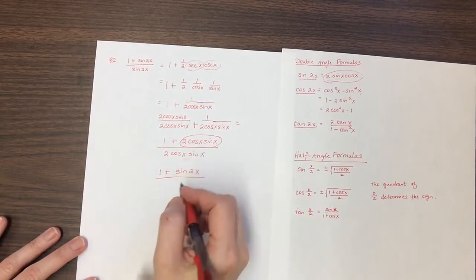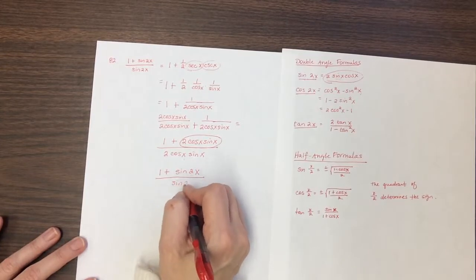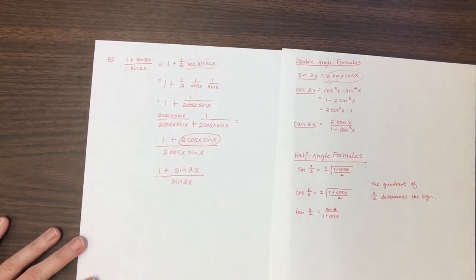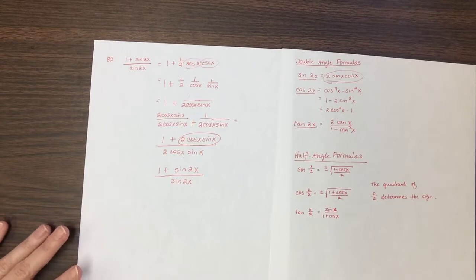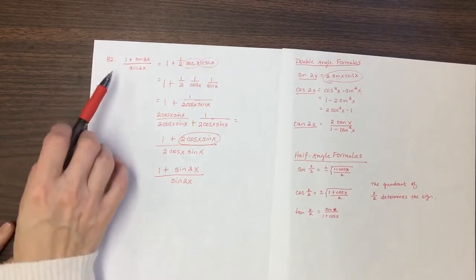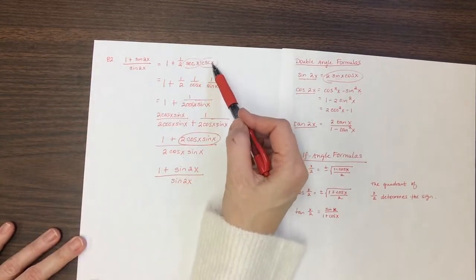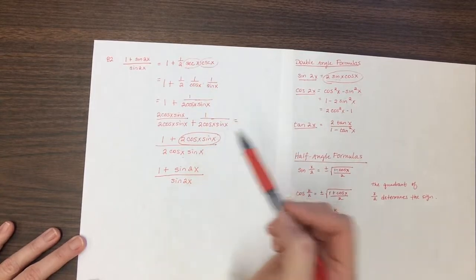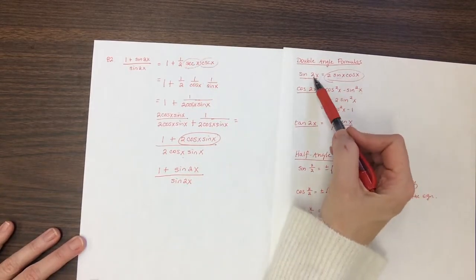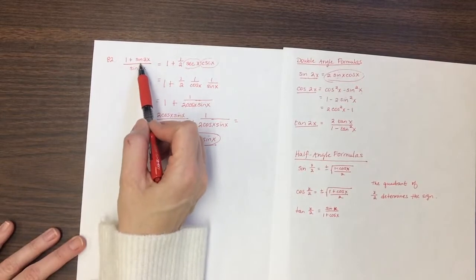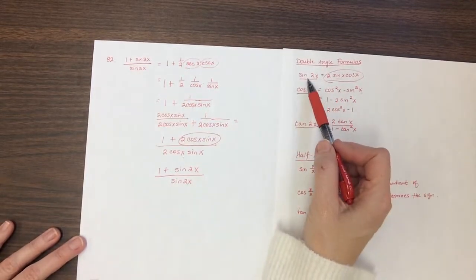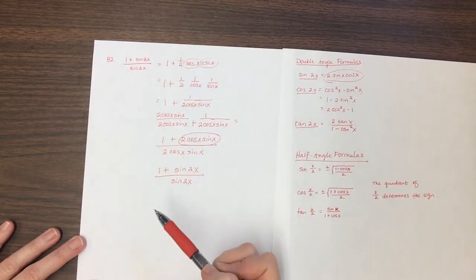That is the same thing. Okay? And like I said at the very beginning, I could have gone the other way with it. I took this, rewrote it, and then went from here to here. I could have started here and gone from here to here and ended up with the same thing.